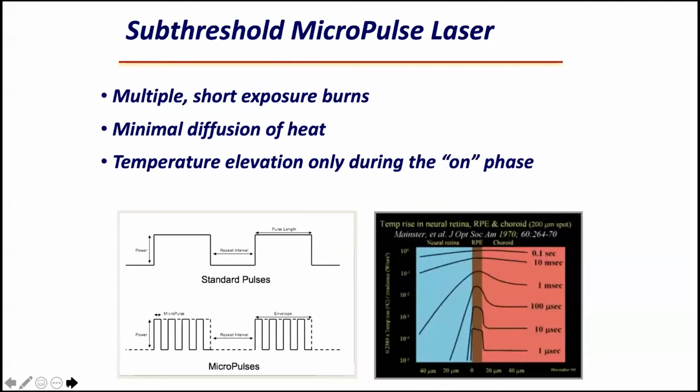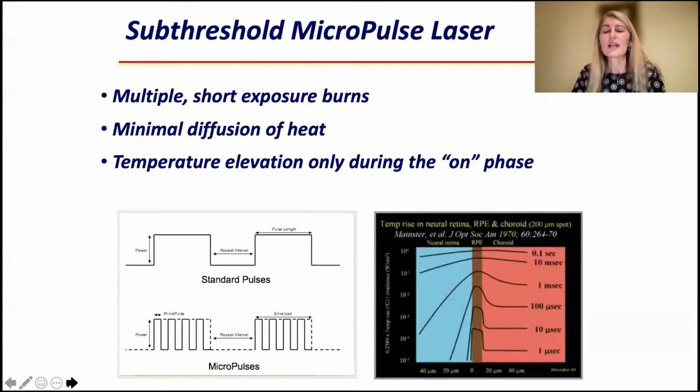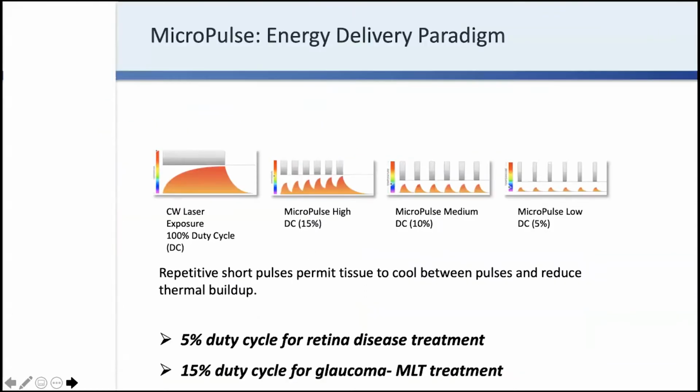So we can do multiple short exposure burns with minimal diffusion of the heat in the retinal tissue, and we have the temperature elevation only during the on phase. So it is a minimal temperature elevation, which does not damage the retina.